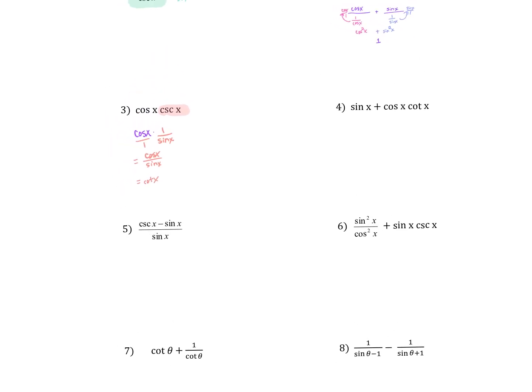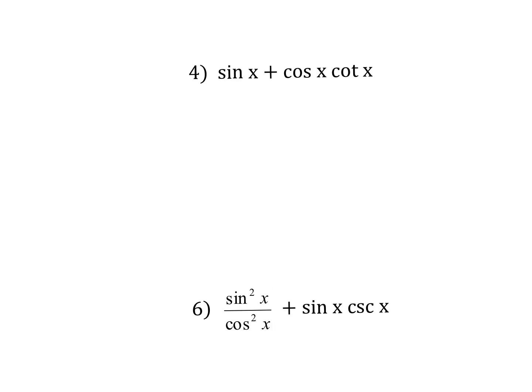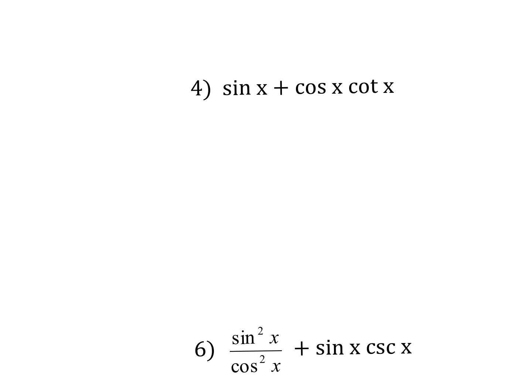These next ones get a little bit more complex, and on this one you are going to see a pattern that develops in some of the work. I'm seeing a sine and cosine. I'm not going to change that, but I do want to change this cotangent. So let's stick with my sine x. I want to keep this as cosine x, but how am I going to rewrite that cotangent x?